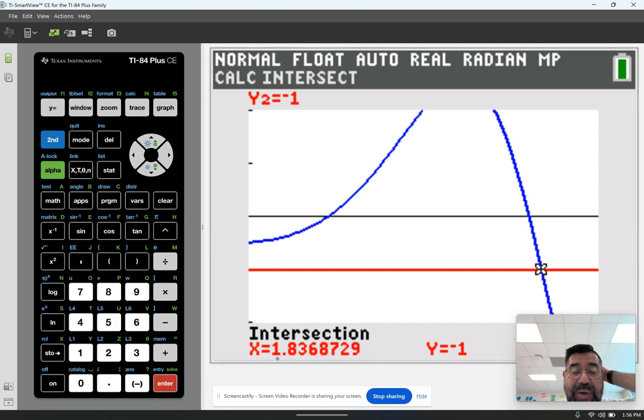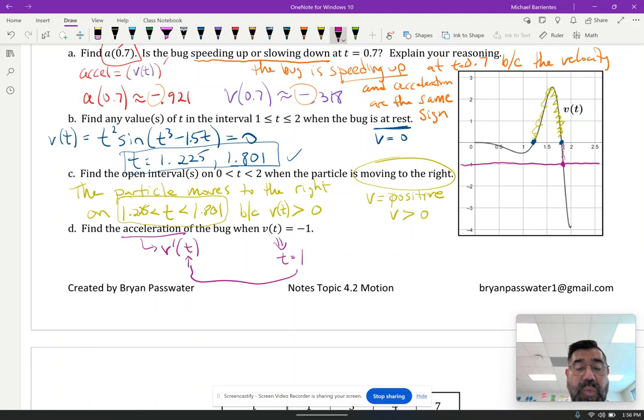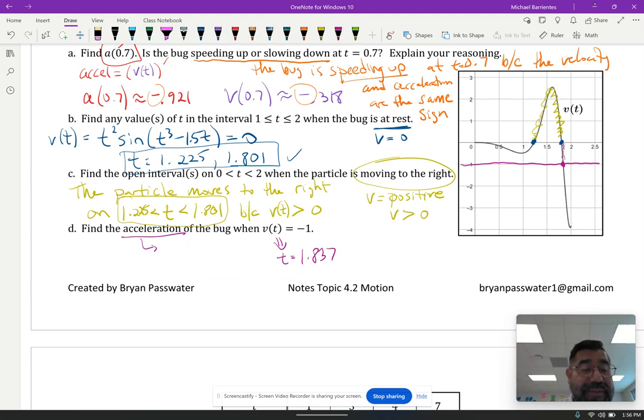So at time 1.837, the velocity is equal to negative 1. And so some students write it down and then they walk away, forgetting that we were supposed to find the acceleration. And the acceleration is the derivative of velocity.